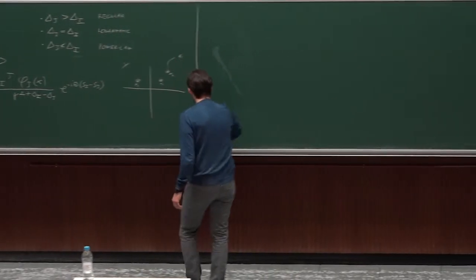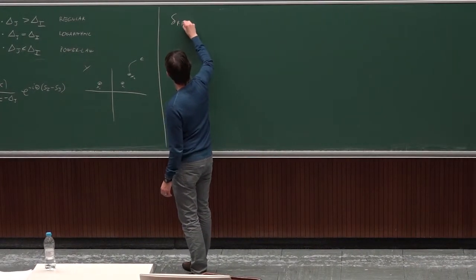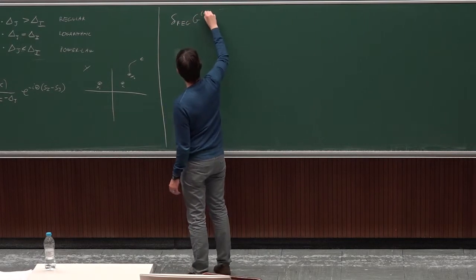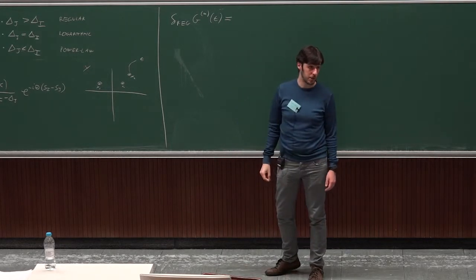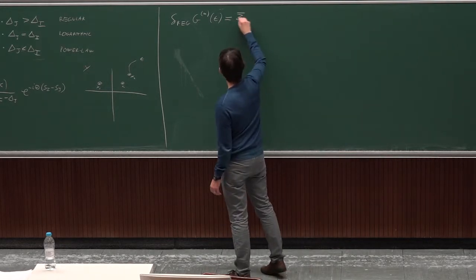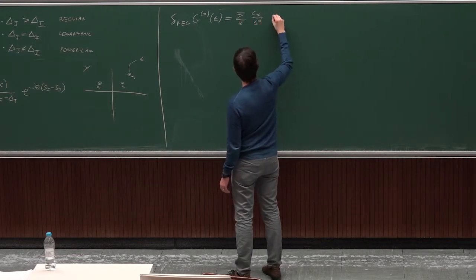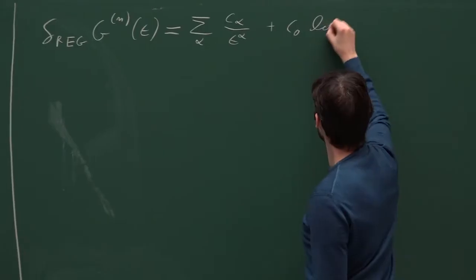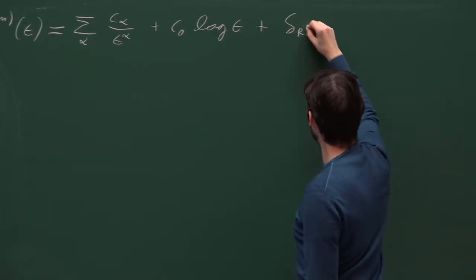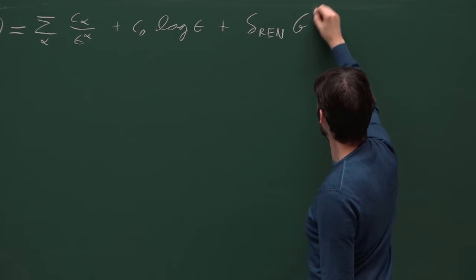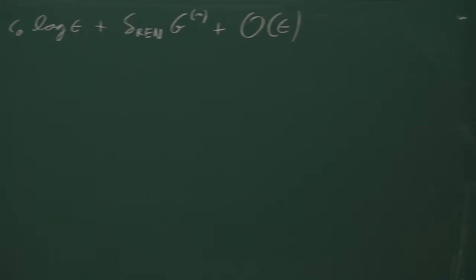So I will give you my renormalization prescription. First of all, I claim that this object has an expansion in powers of epsilon. So the claim is that this is some coefficient, alpha, log epsilon plus, so what did I write?